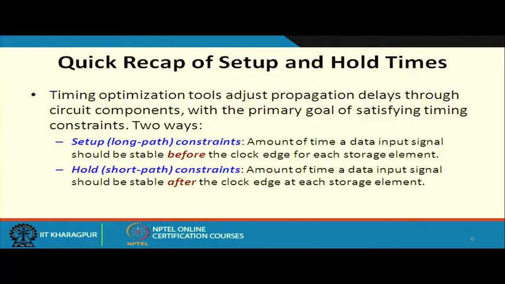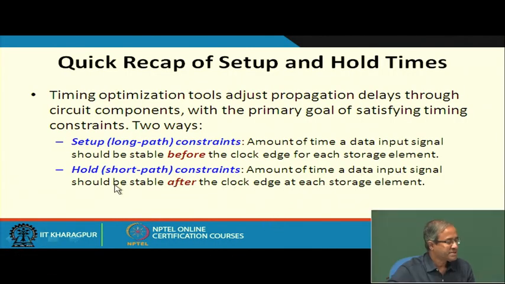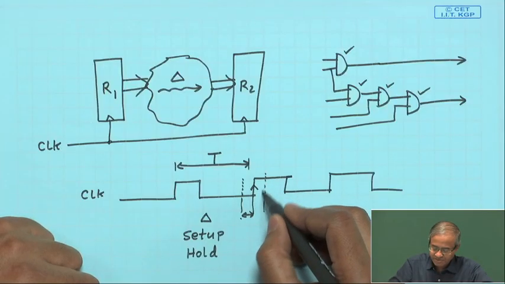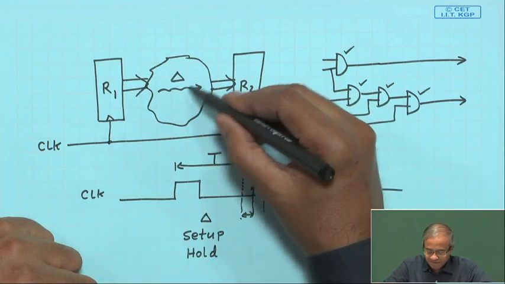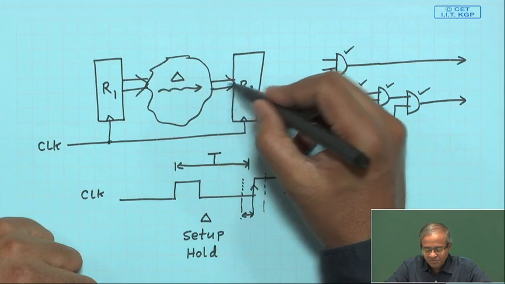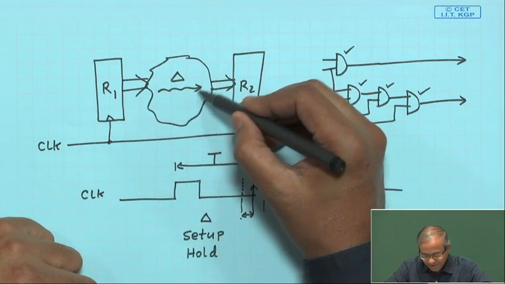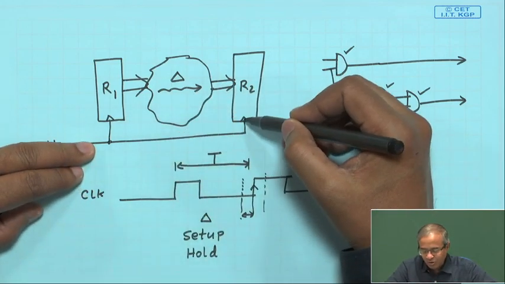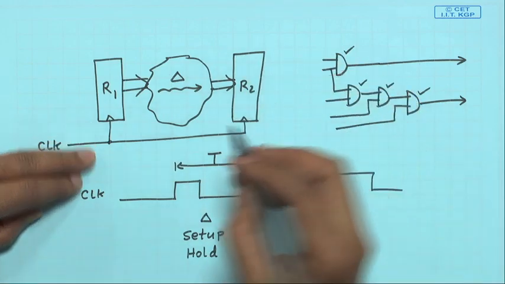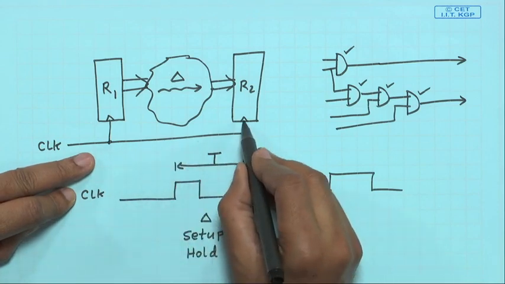And the hold time constraint, why does it come in? Hold time is the time we must keep the data stable after the clock edge. This tells you that even after the clock edge, I must keep the data stable for some time. Why? Because if the input data changes before that, maybe the second register will accept the new changed data in that same clock cycle instead of it going into the next clock cycle, because registers will take some time to respond to the clock edge.